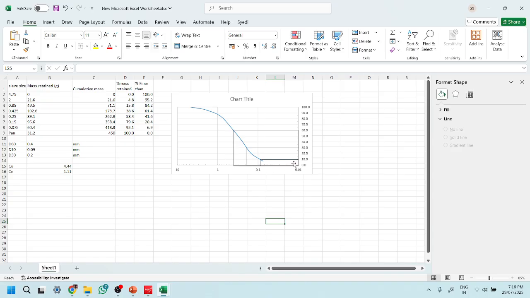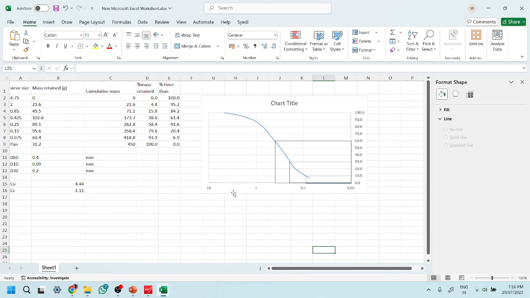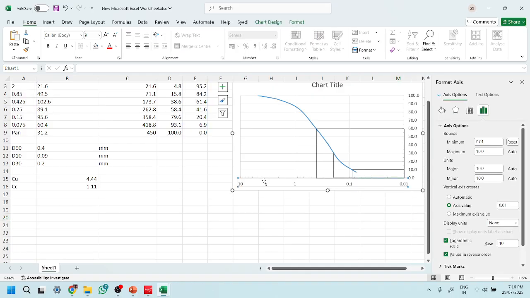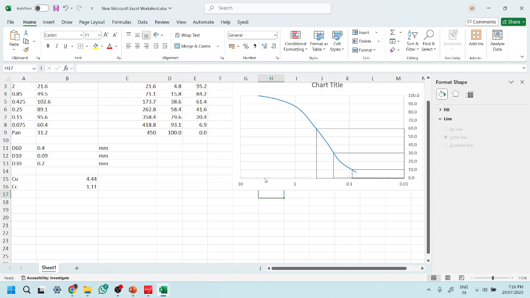So first of all, let's see where is our limit, 4.75. We can say that this is sandy because it hardly has any gravel.